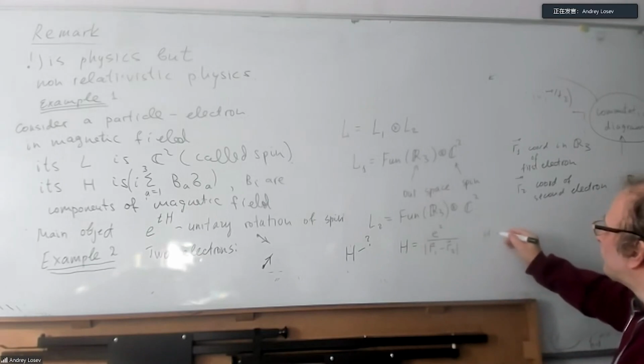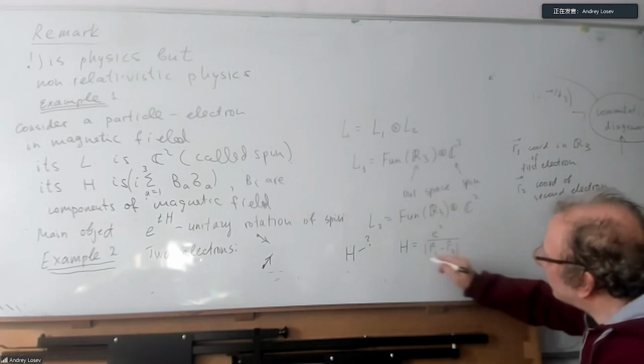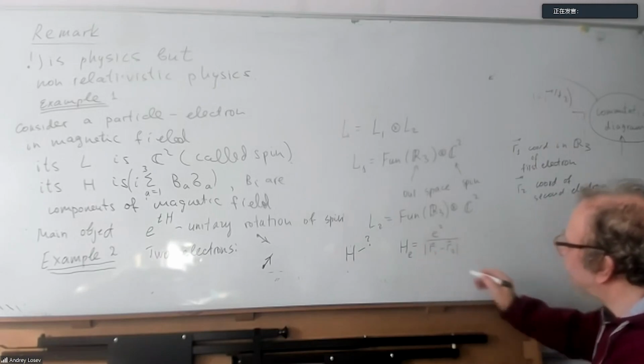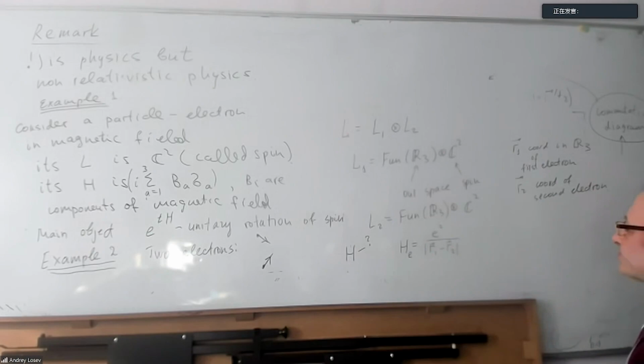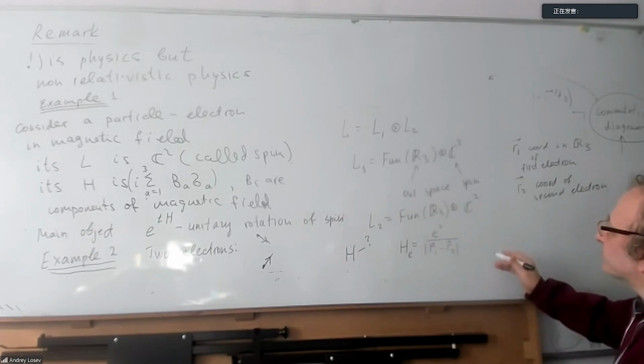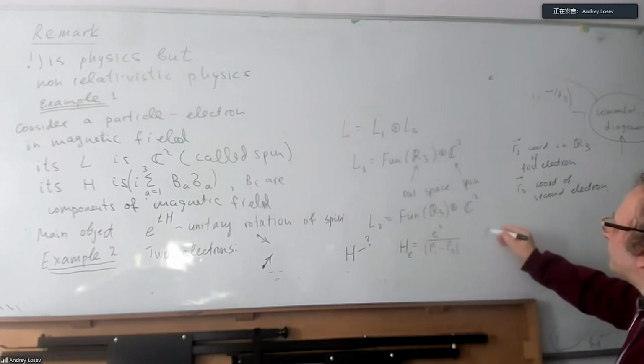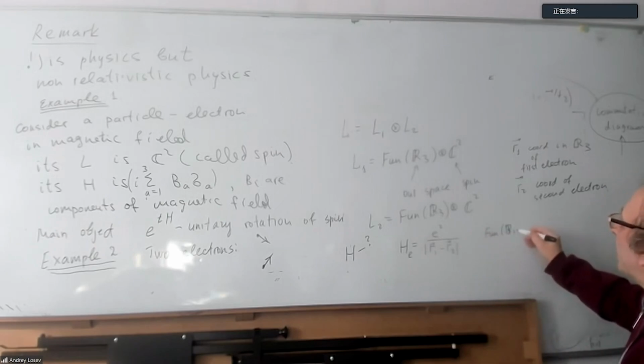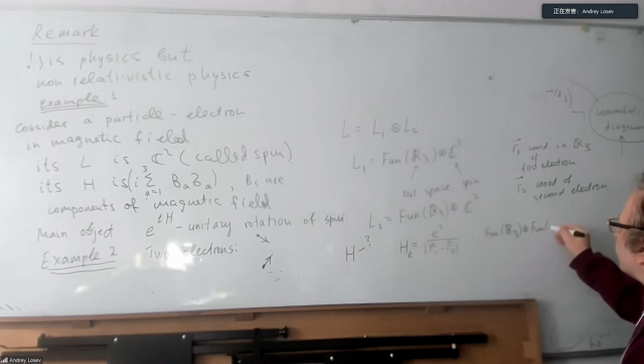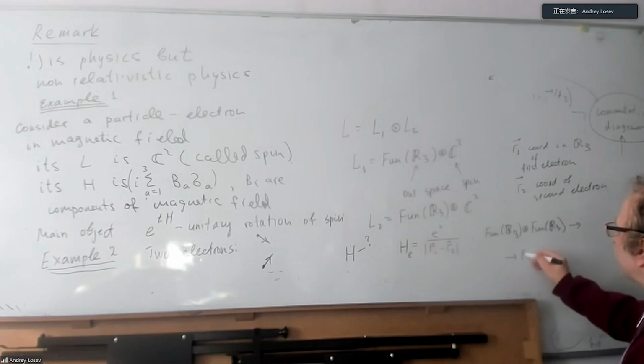So H, let me call it H electric, maps from functions on R3 times functions on R3 to the same space.